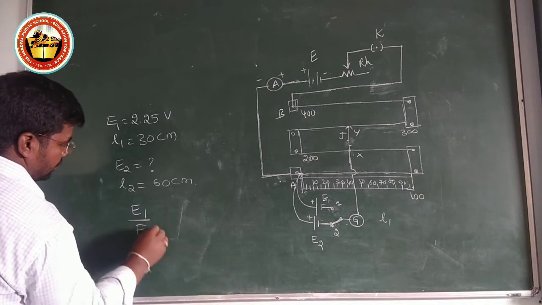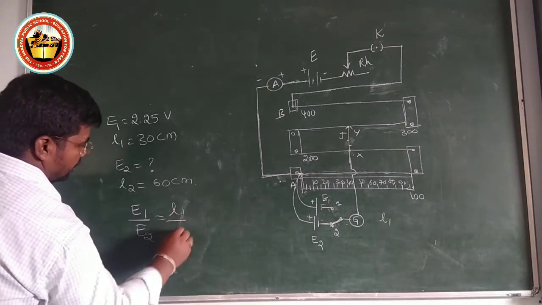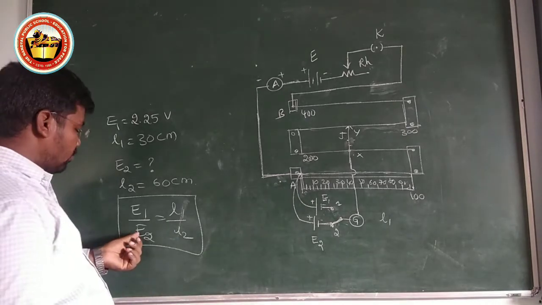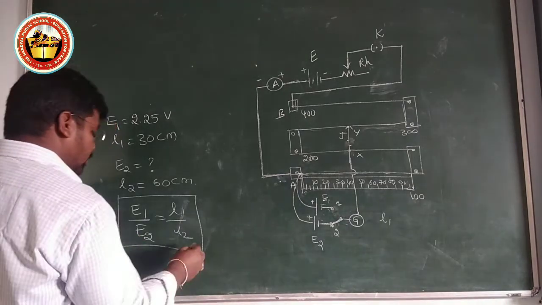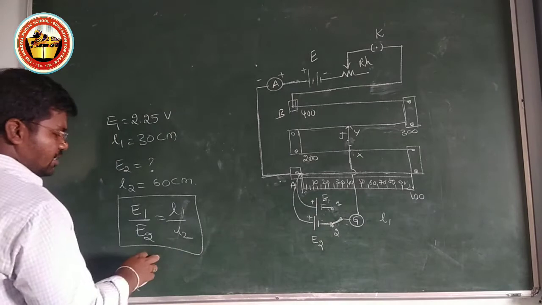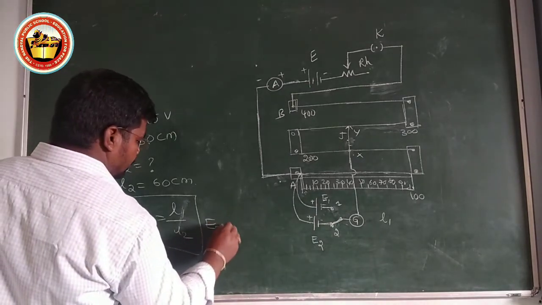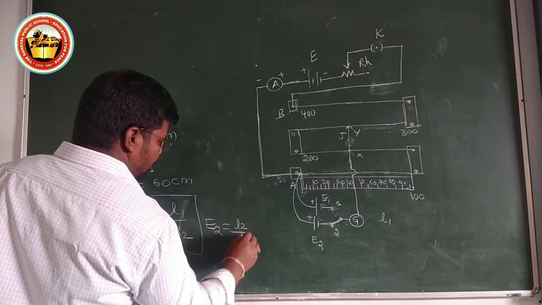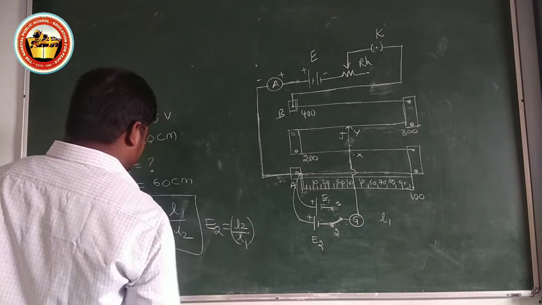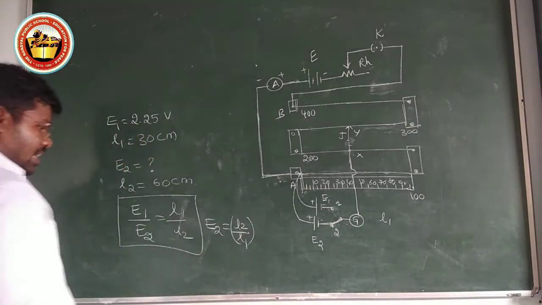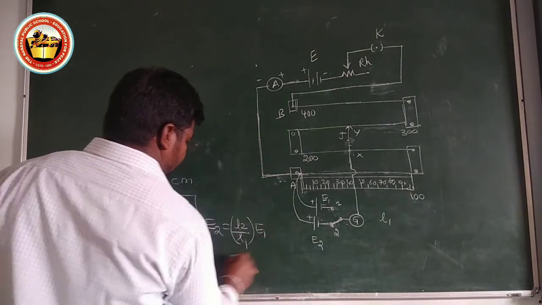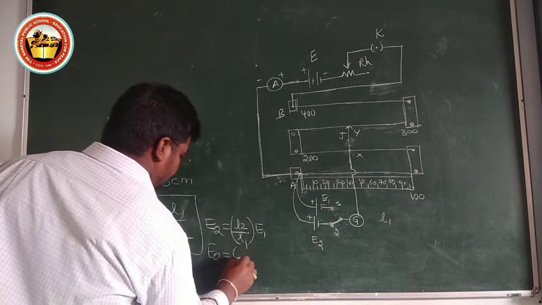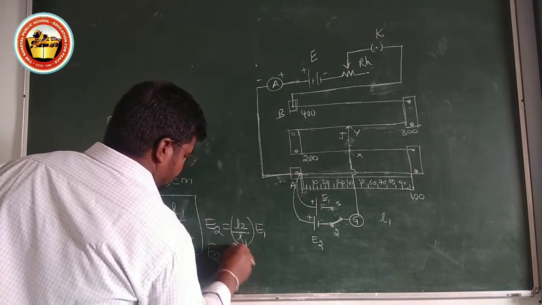E1 divided by E2 is equal to L1 divided by L2. This is the formula. Now we have to find E2. By rearranging this, E2 is equal to L2 divided by L1 into E1.